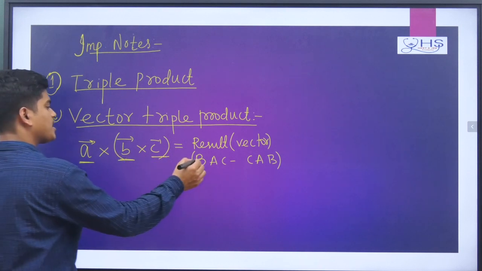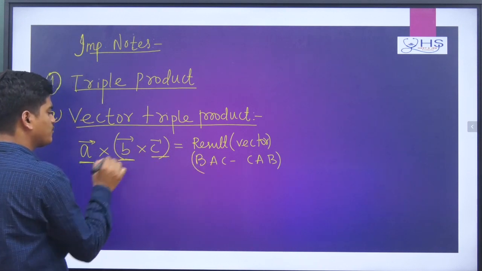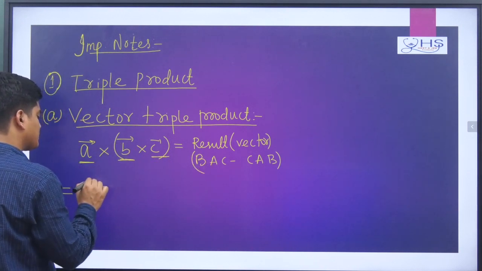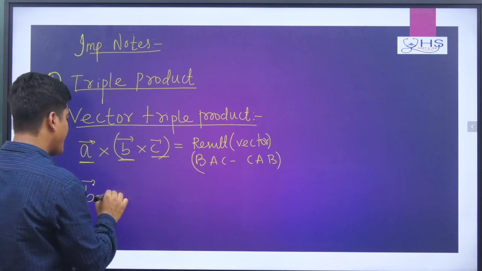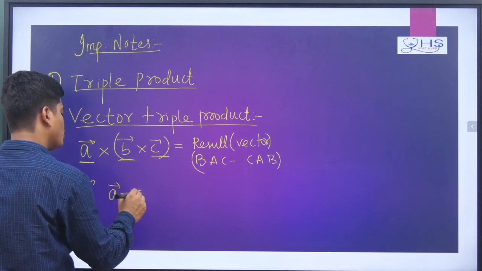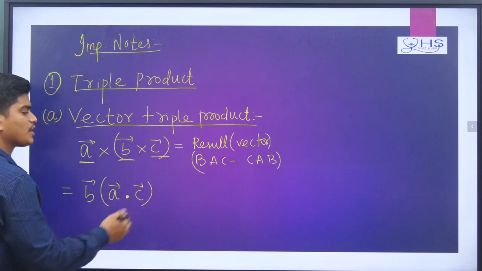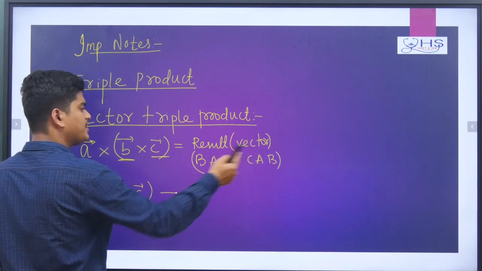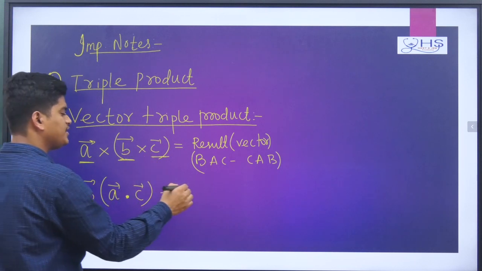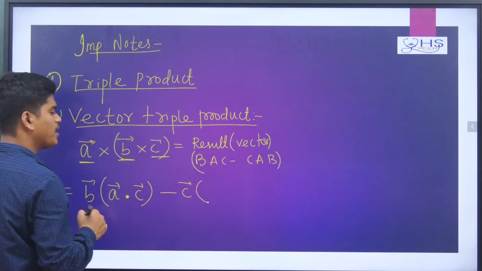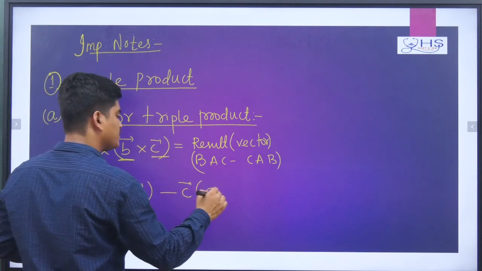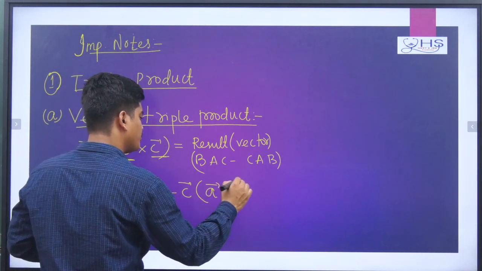So what is BAC minus CAB? First, you take the B vector, the middle vector, the second vector, then A and C you do dot product. So B times A dot C, that is the BAC part. Minus CAB written here. CAB means first you take the C vector and multiply it with A dot B, A vector dot B vector.